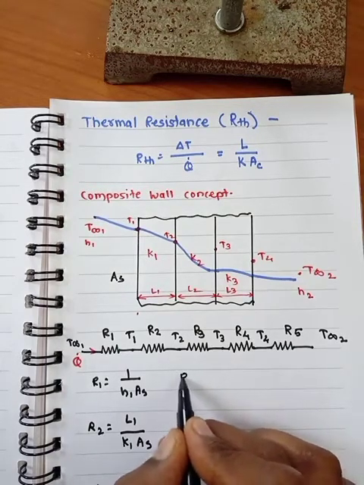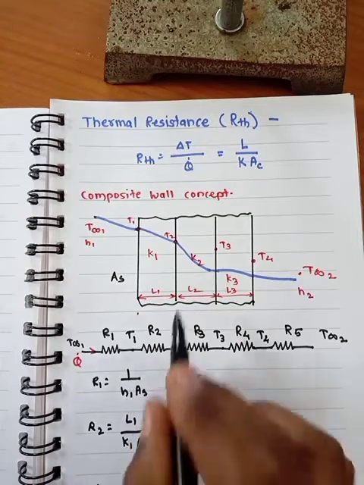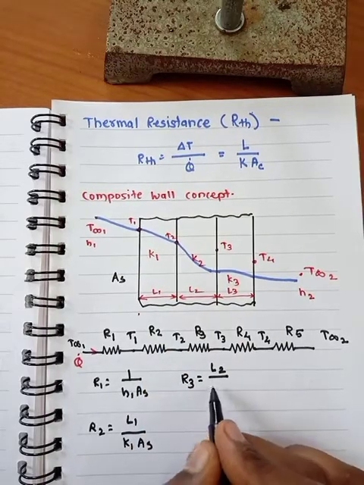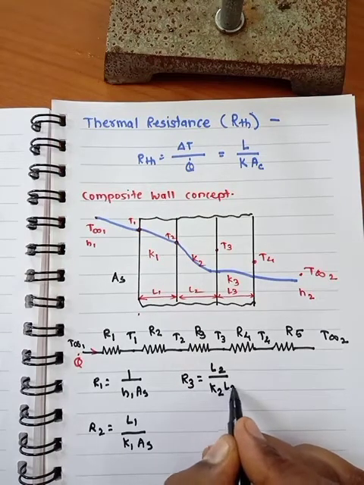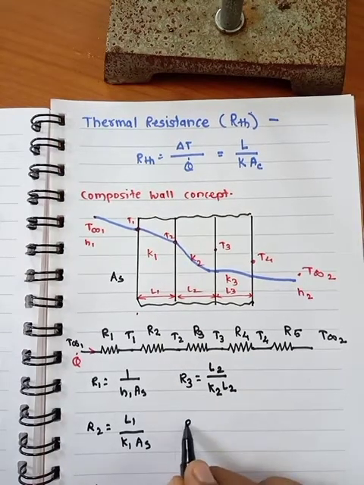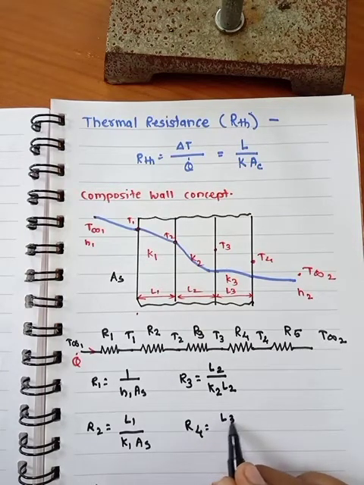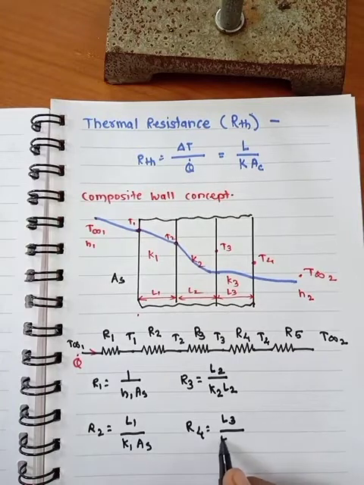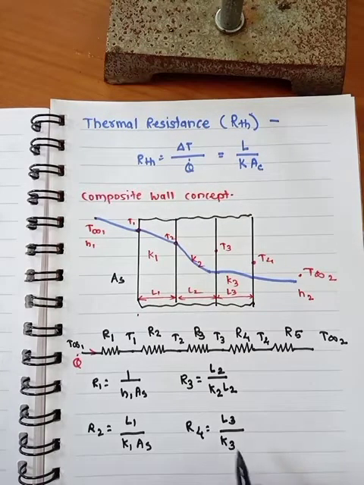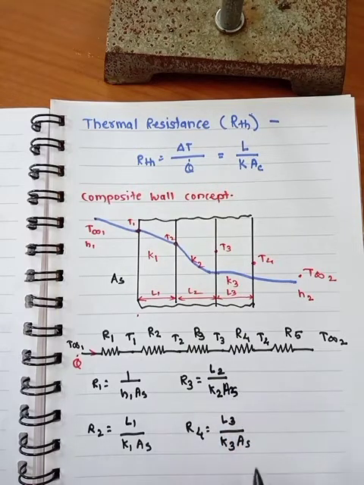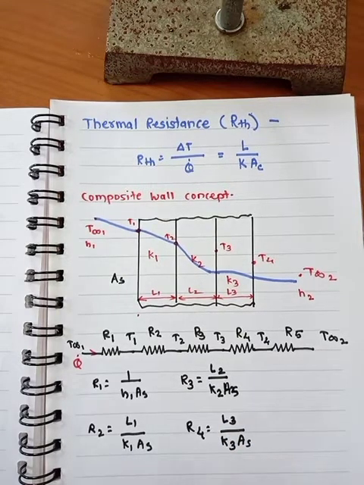Then R3 is equal to, similar to the first layer, L2 divided by K2 A_S. Then R4 is equal to, similar to the previous two layers, L3 divided by K3 A_S, because the cross-sectional area is the same.